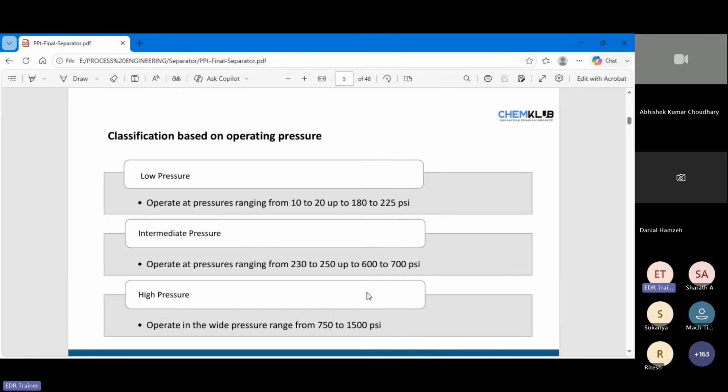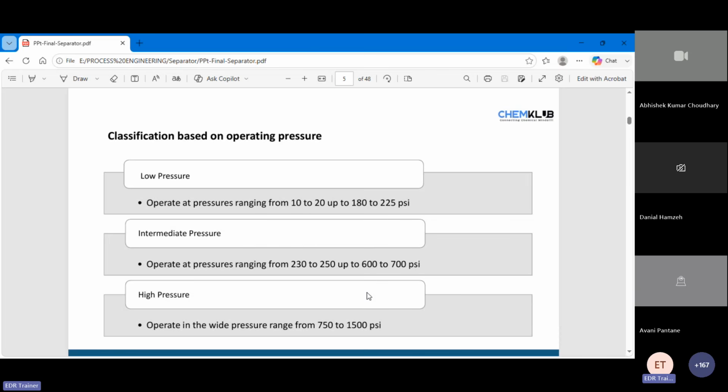So these are the pressure ranges, and you can also classify separators based on operating pressure.